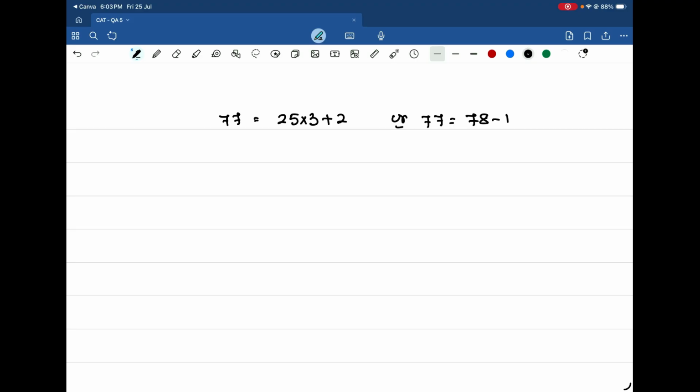Do you agree? That is equal to 3 into 26 minus 1. That means 77 can be written as 25 into 3 plus 2, or 77 can be written as 26 into 3 minus 1.